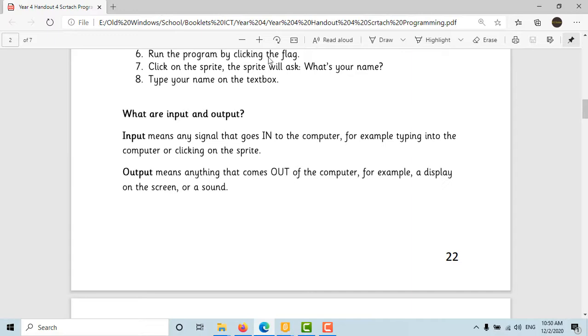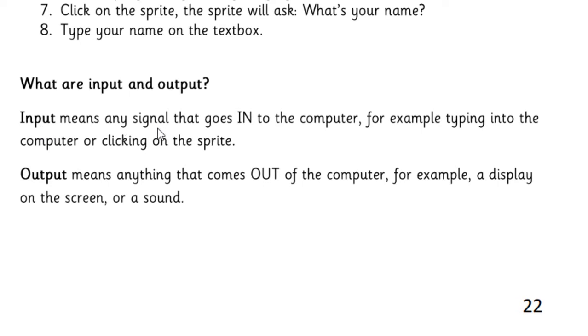Now let's learn something called input and output. What are input and output? Input means any signal that goes into the computer, for example, typing into the computer or clicking on the sprite.